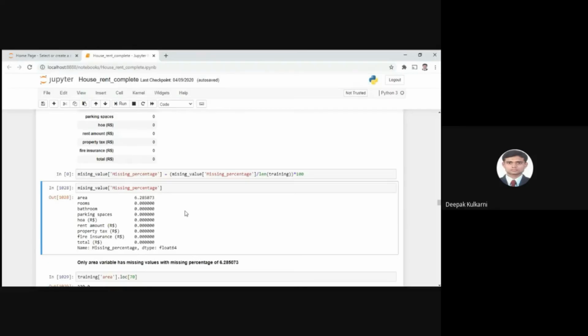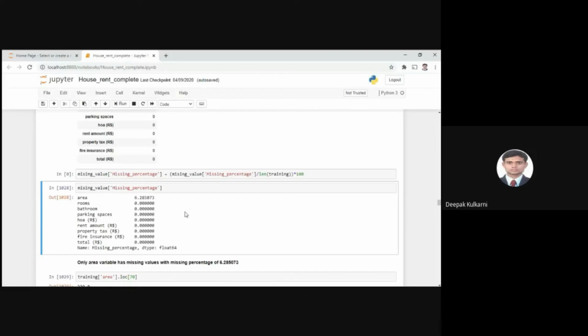It is 30%. If it is less than 30%, then only we are going to impute. If it is greater than 30%, then we are going to skip that variable because it gives erratic answers. Okay. So we are going to impute area, right?